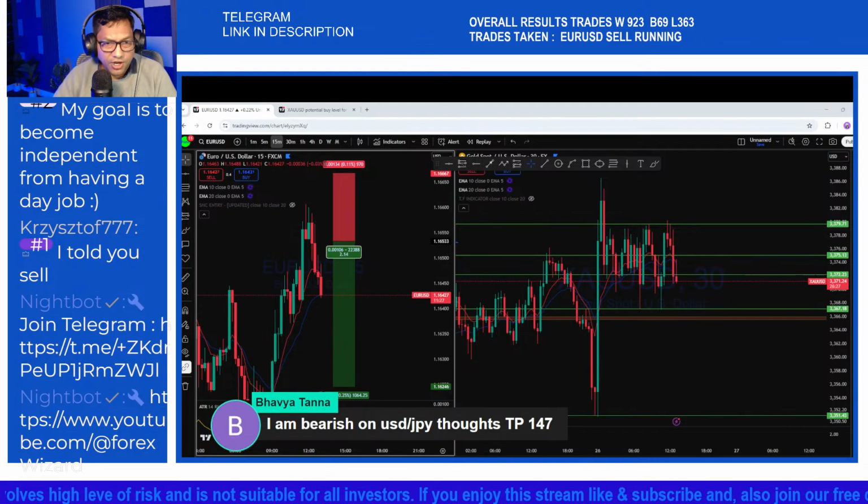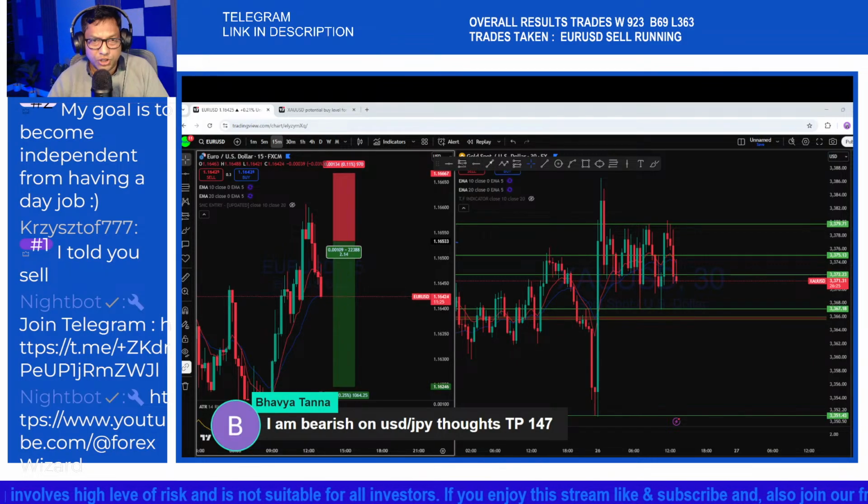Euro Dollar running trade on this one here, and it keeps pushing down. Would like to see a further drop.